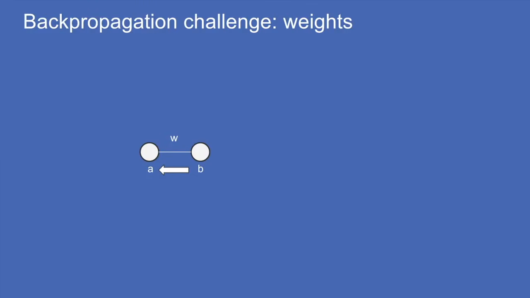Now, in the neural network that we've created, there are several types of backpropagation we have to do. There are several operations, and for each one of those, we have to be able to calculate the slope.